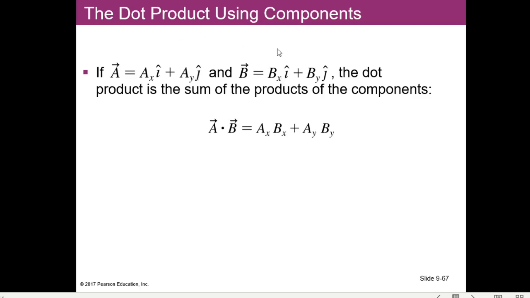Similarly, the component of j along j, that's also going to be 1. But the component of i along j is 0 because the angle between the i unit vector and the j unit vector is 90 degrees. So we don't get 4 terms multiplying this sum times this sum. We only get 2 non-zero terms, this times this and this times this. And that's what it says down here.